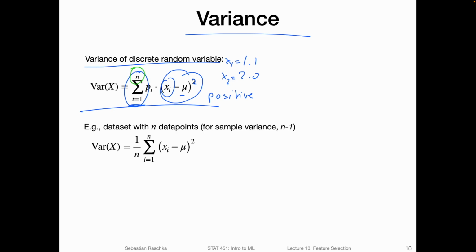So there are here the different values, 1 to n, that the random variable can take on. And there's also this p_i here, which you can think of as a weighting term. So how likely is it to observe a certain value? If each value is equally likely, this would be essentially 1 over n as the p, because it would sum up to 1. Okay, so this is more like the formal definition of the variance of a discrete random variable.